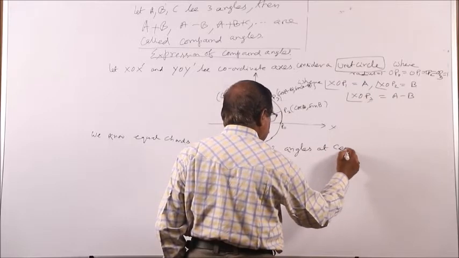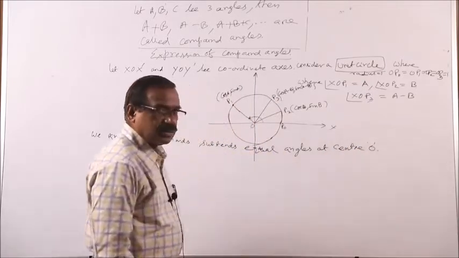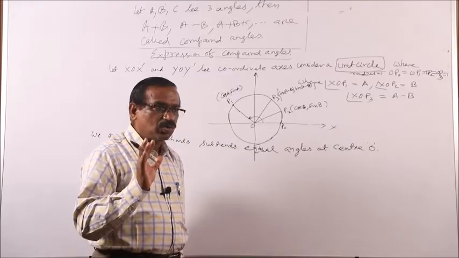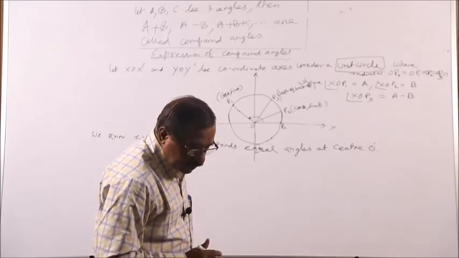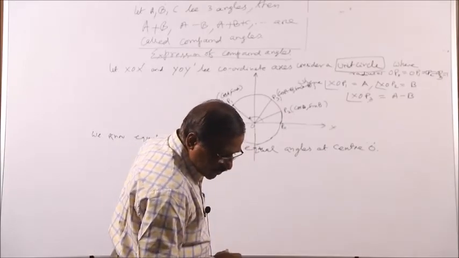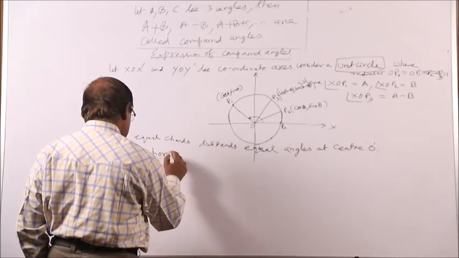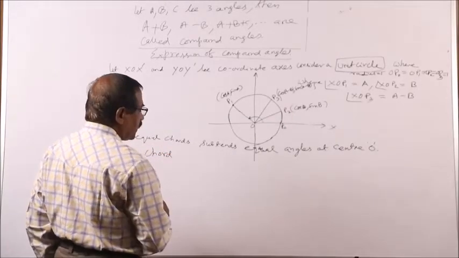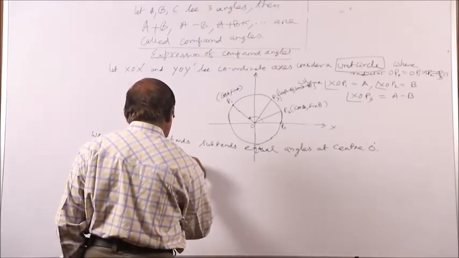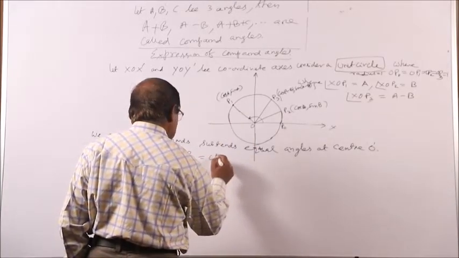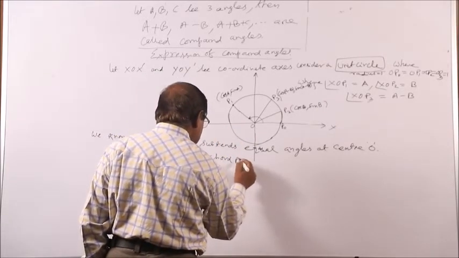So that implies chord P0P3 is equal to chord P1P2.